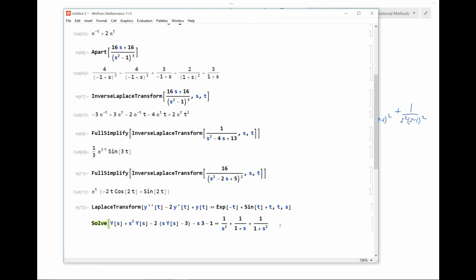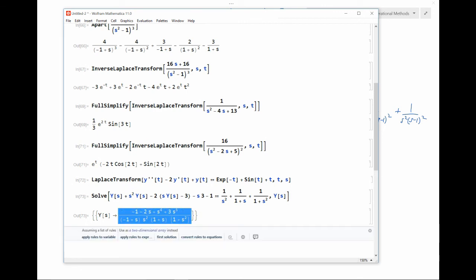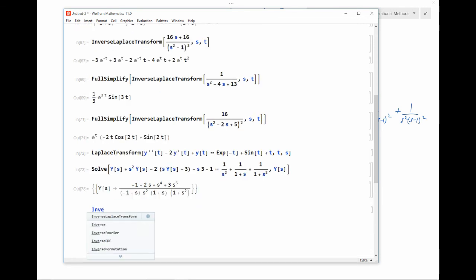And let's solve for Y of s. So what we need now is the inverse Laplace transform.